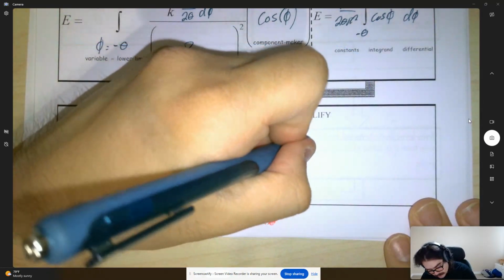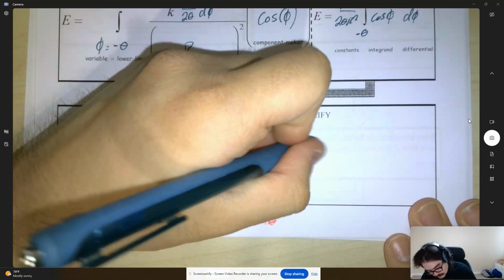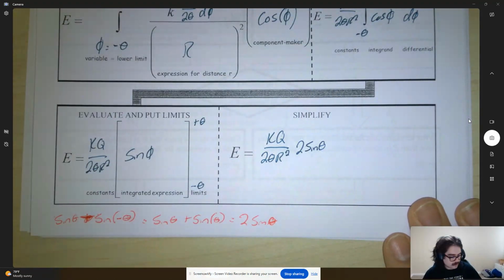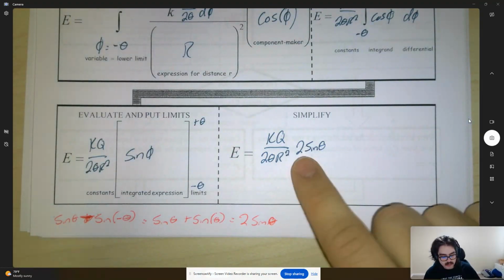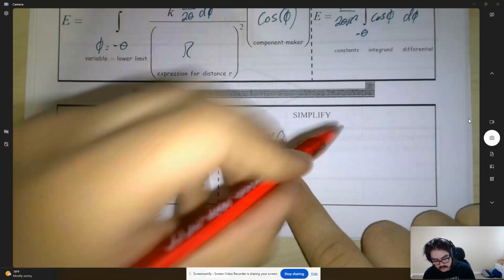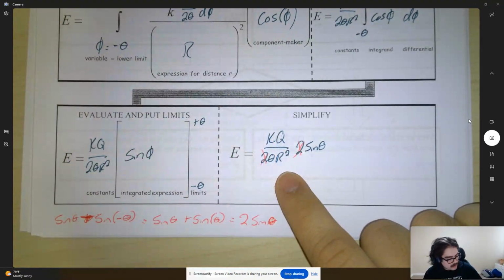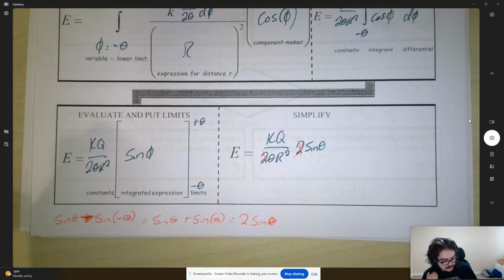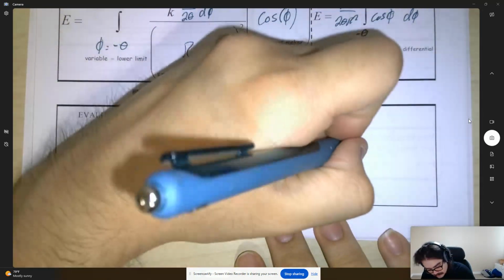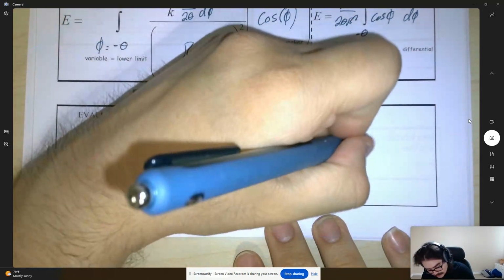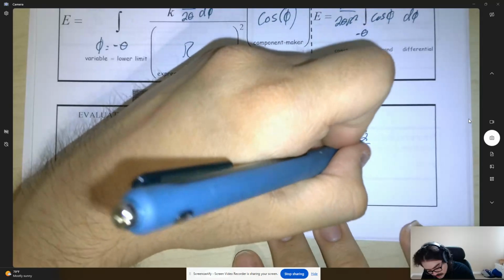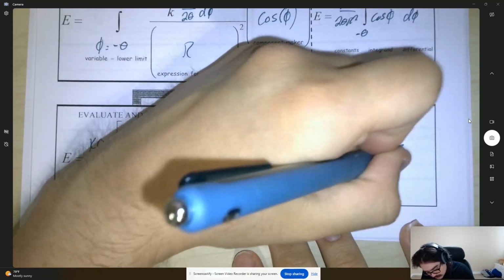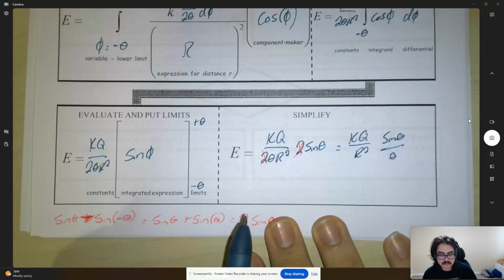And you can cancel out your 2's because you have a 2 in the top and 2 in the bottom. And this really is just going to become kQ over R squared times sine theta over theta. That's all you have to do for that.